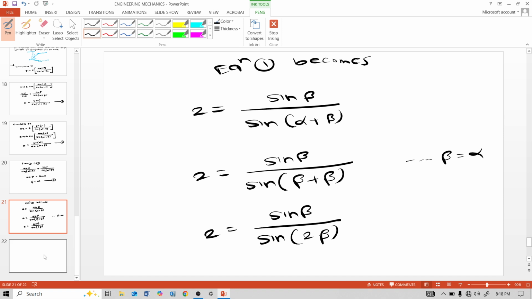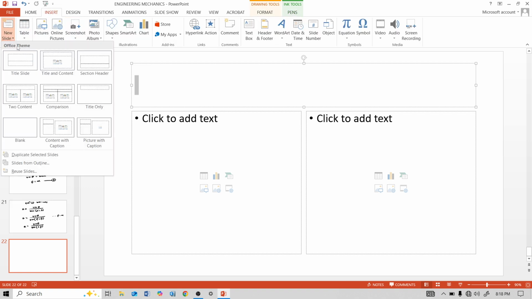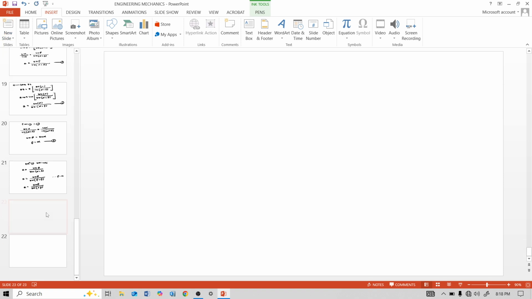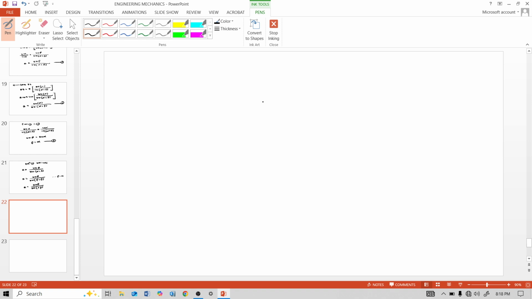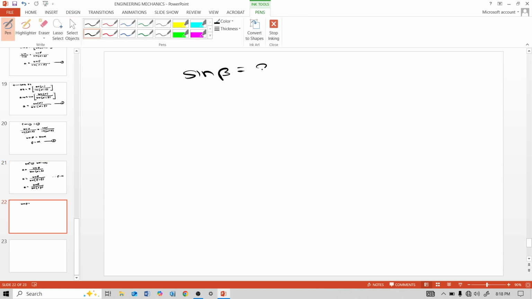So what will happen here? Sine of 2 beta is equal to 2 into sine of beta. The formula for sine 2 beta is 2 sine beta into cos beta.